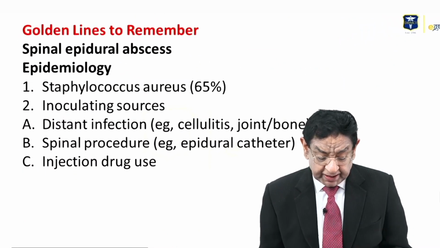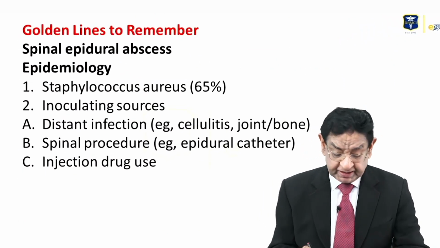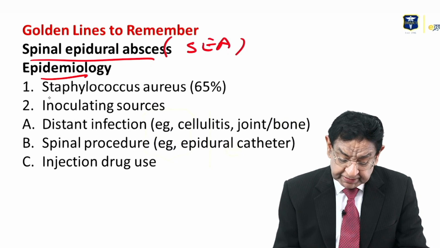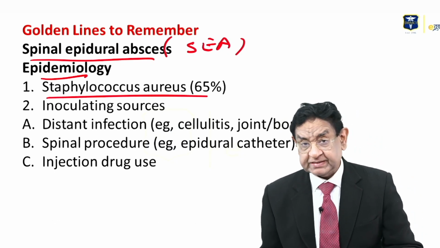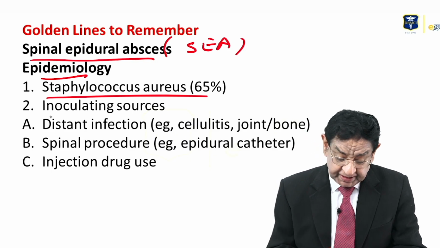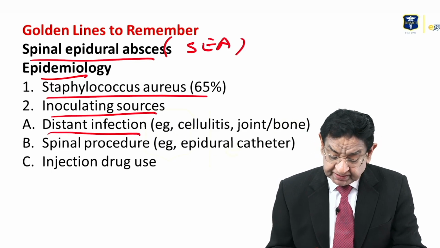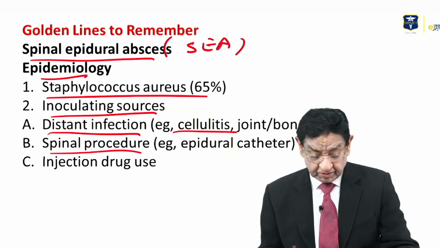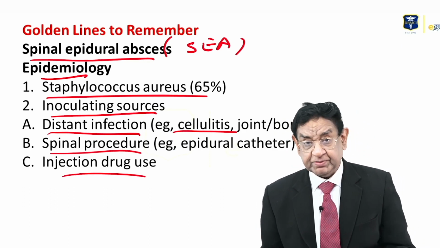Now, golden line to remember. Let me give you a summary of spinal epidural abscess. Epidemiology: Staph aureus is in 60 to 65% of cases. Inoculating source may be a distant infection like cellulitis, spinal procedure or injection, or an IV drug abuser.